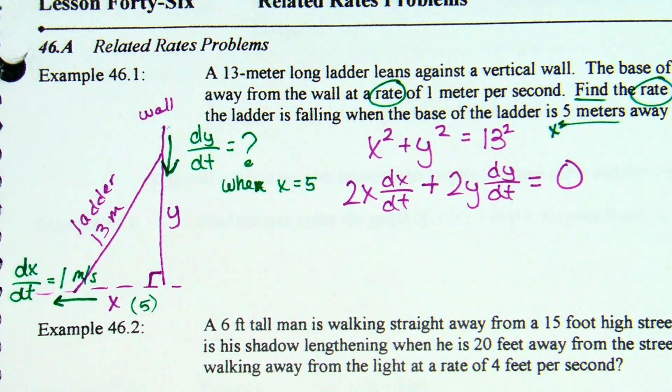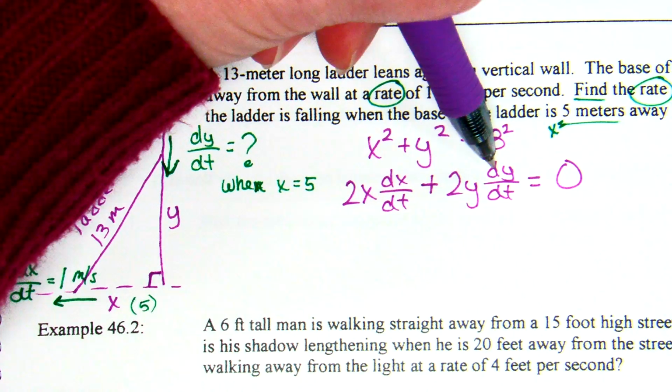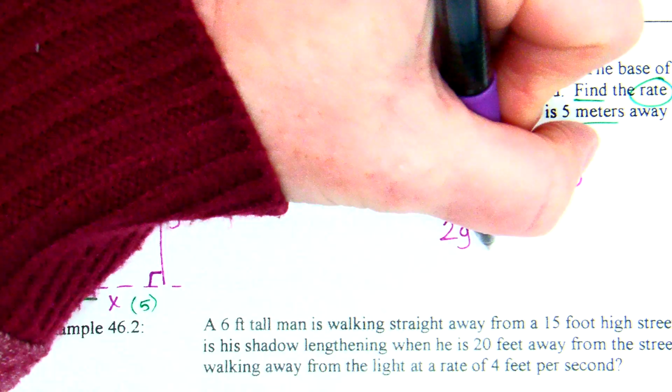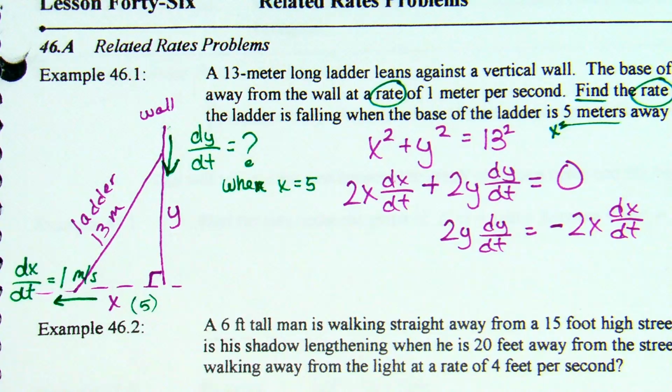How do I get dy/dt by itself? First of all, subtract that term. I'm going to leave 2y dy/dt here, and subtract the 2x term to the other side, so that's negative 2x dx/dt. How do I get dy/dt by itself?